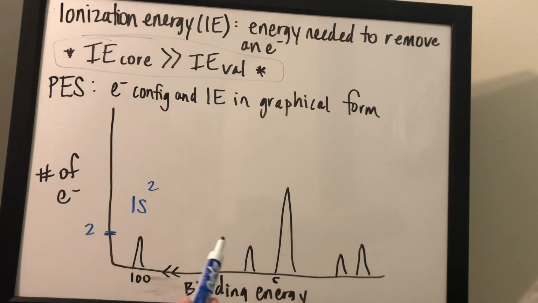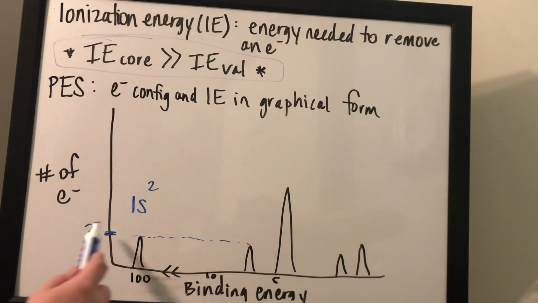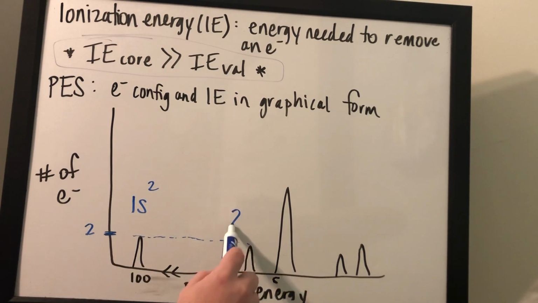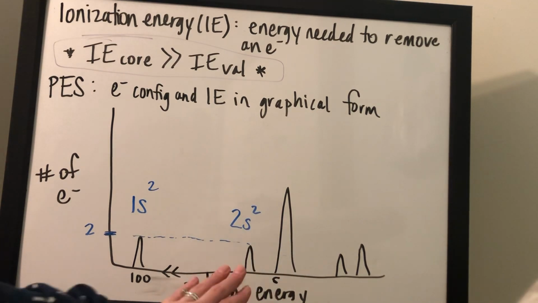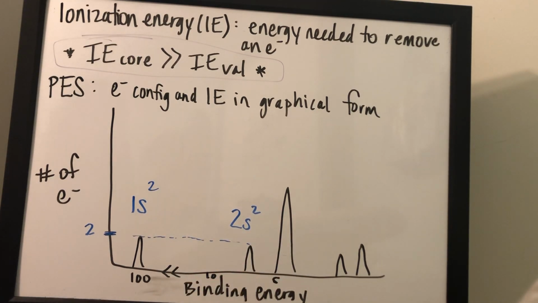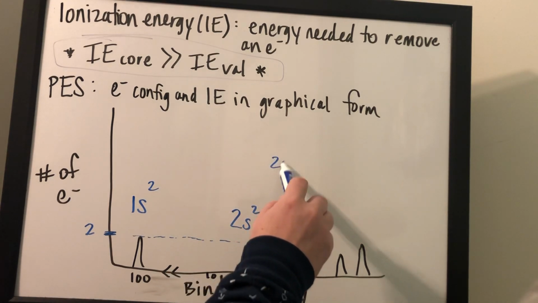My next peak is of equal height to my first peak, and that's because it also represents 2 electrons, and that is the 2s orbital peak. So the second peak represents the 2s electrons. Of course, there are 2 of them. I just keep going like this with electron configuration. Next comes 2p, with slightly less energy to remove those.